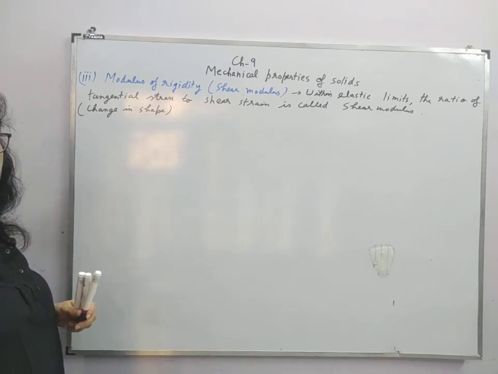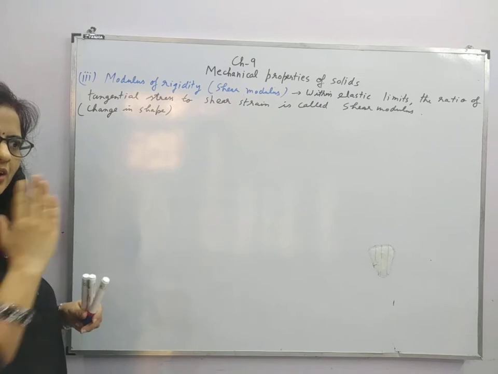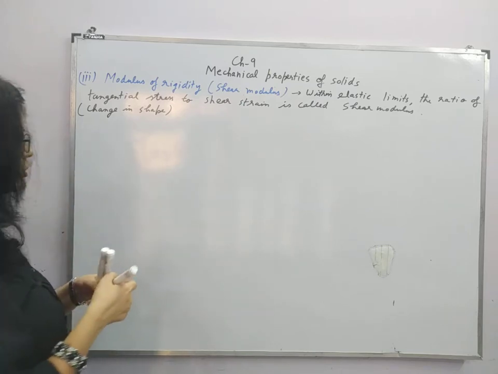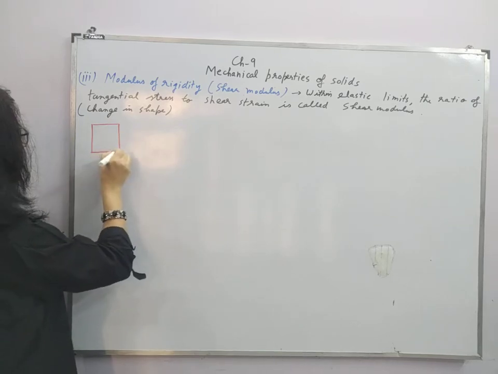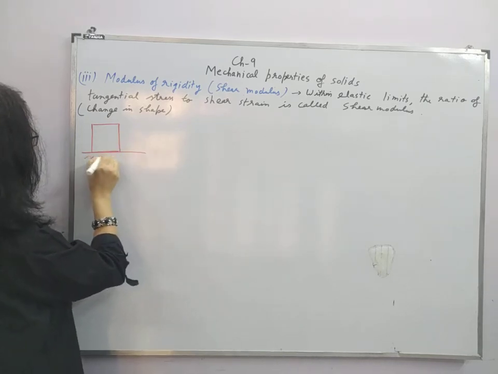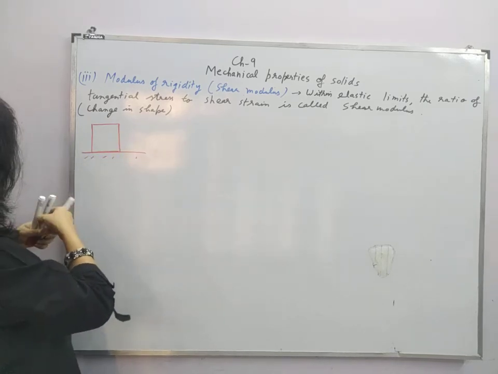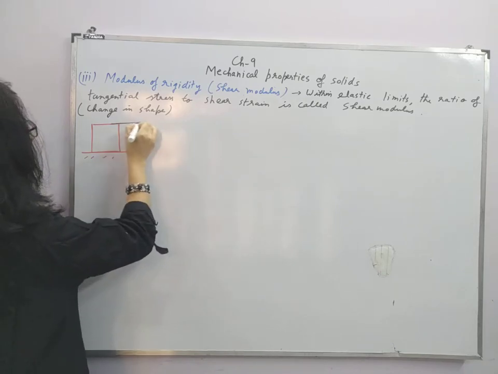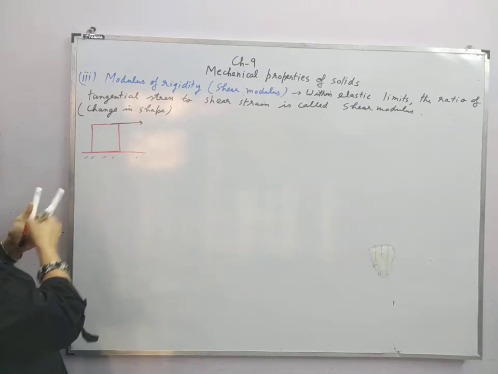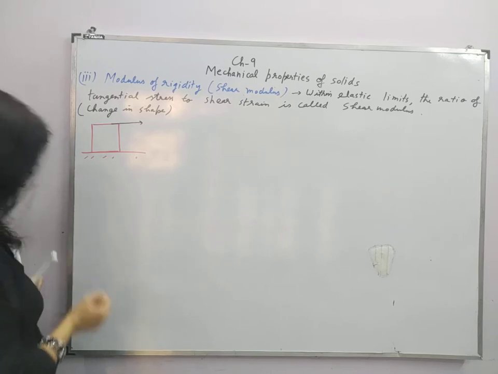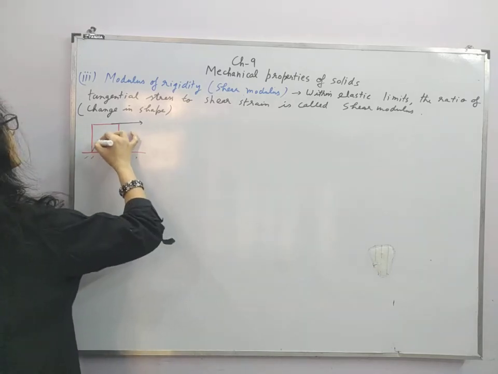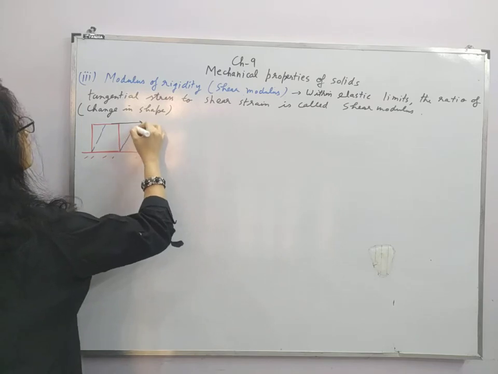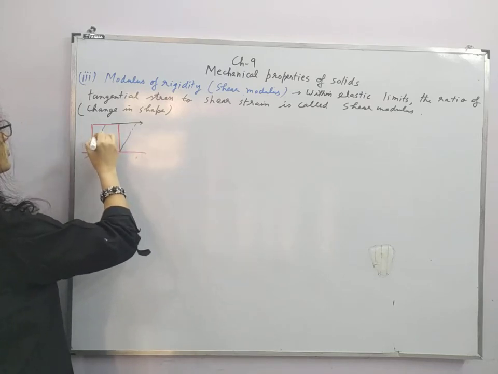This is the tangential stress, and what will be the strain? Strain will be that angle up to which it shifts. So if we draw the diagram, this is the body and a tangential force is applied like this. So what happens is that it is in this position. So this is theta.